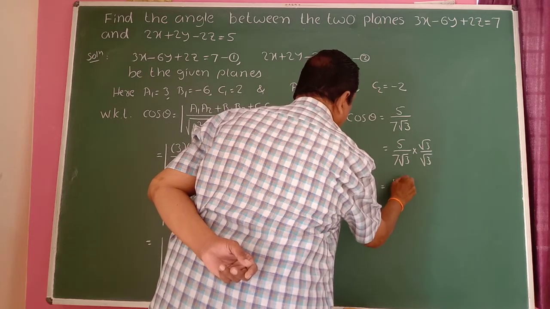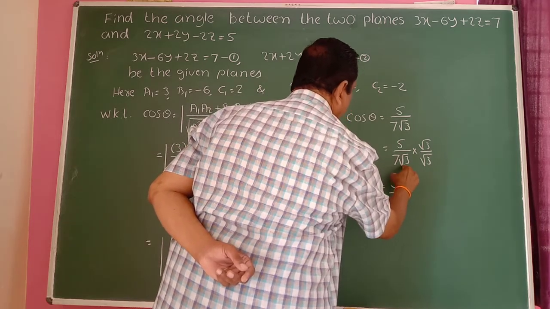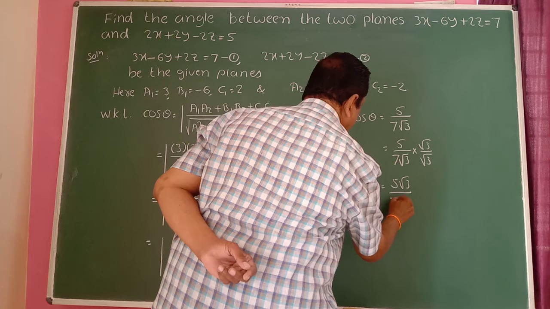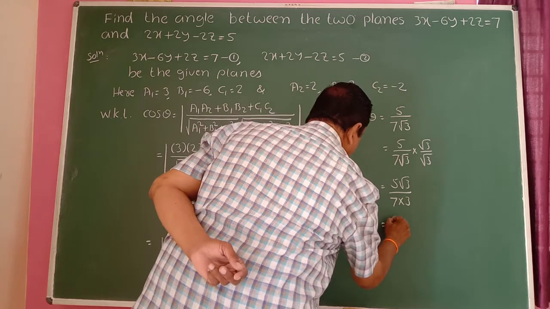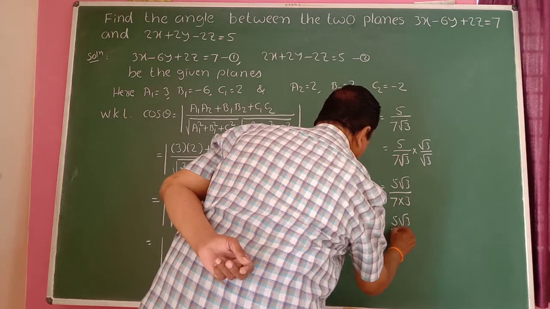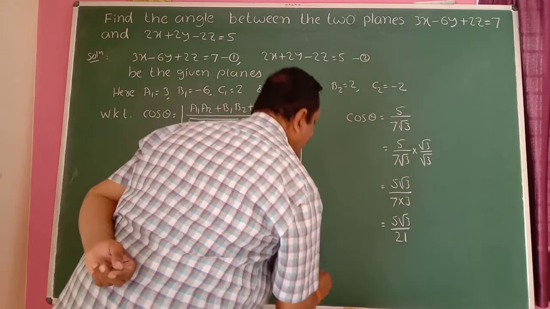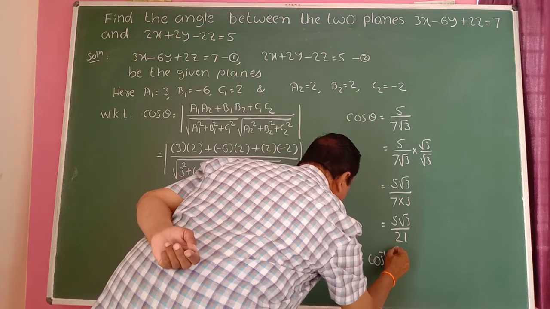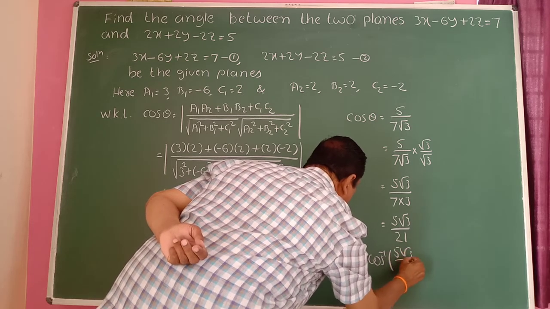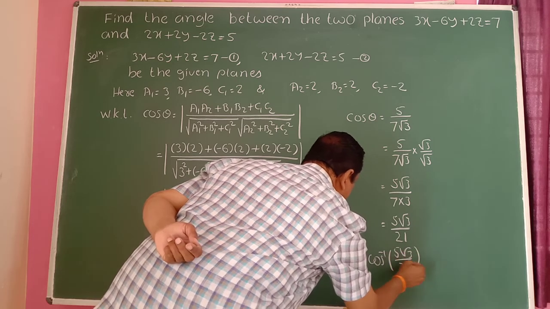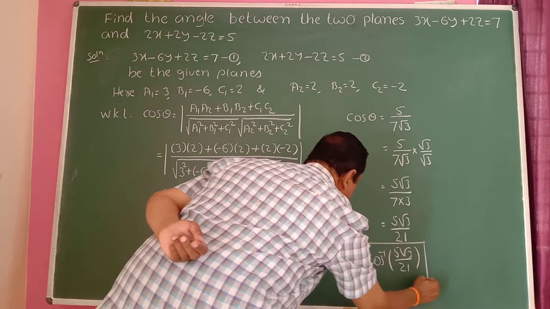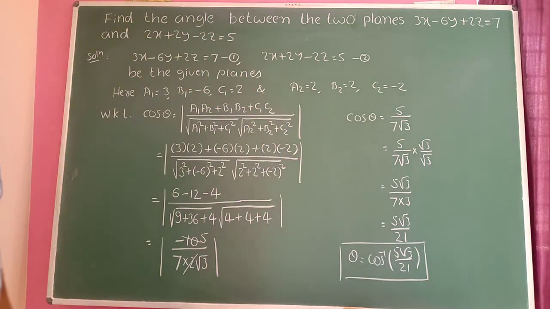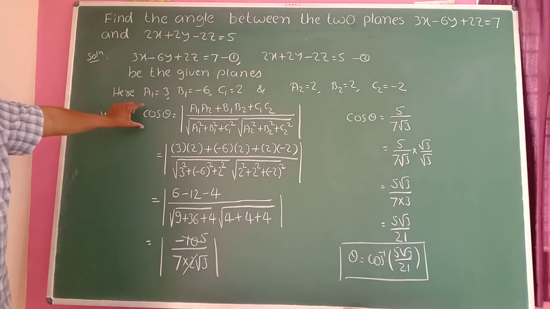Therefore, 5 root 3 divided by root 3 into root 3 is 3, so 7 into 3. Therefore, 5 root 3 divided by 21 here. Therefore, theta is equal to cos inverse of 5 root 3 divided by 21 here. So this gives the angle between the two planes here. We are using a Cartesian form here.